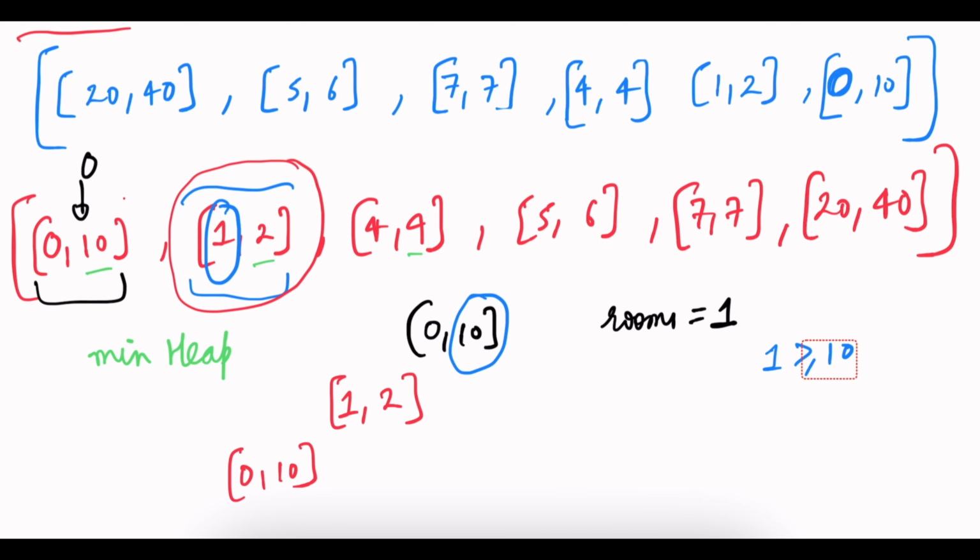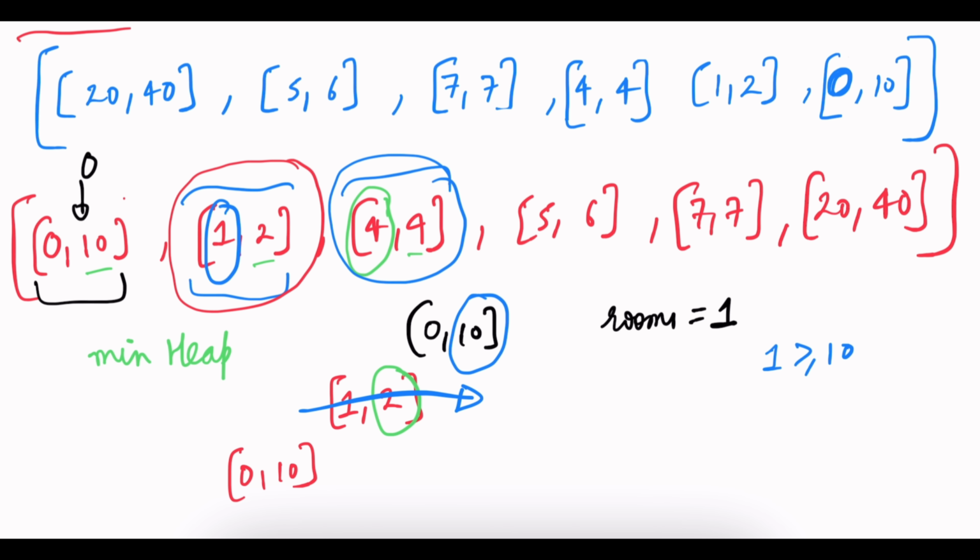And now we come to our next interval, which is 4, 4, and now we check if the start time is greater than or equal to the end time of the minimum in our min heap. So that is true. Now what we do is we simply poll the minimum from our min heap and add this new interval to our min heap.